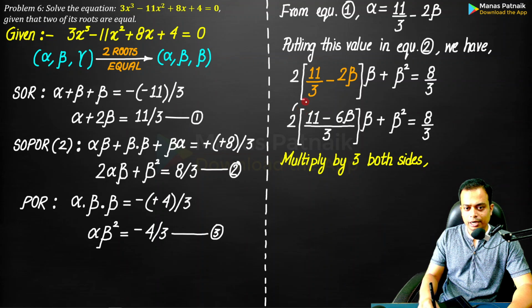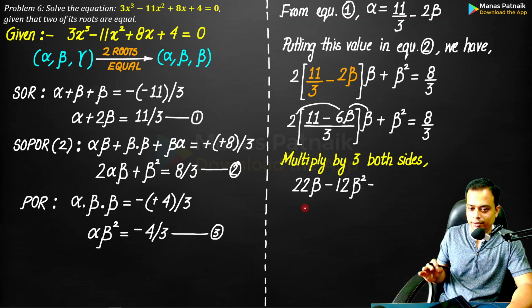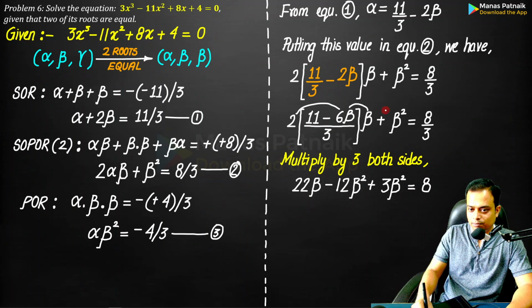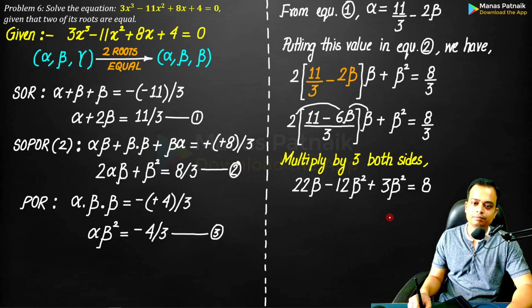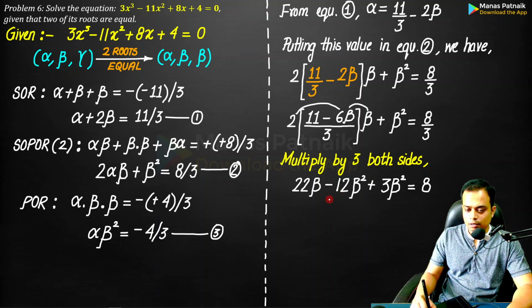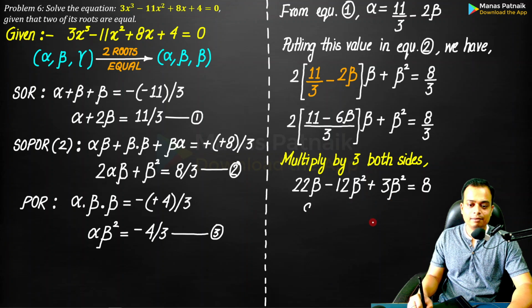And then 2 into 11 into beta will give you 22 beta. Then 2 into 6 into beta, beta is beta square, 6 2 is 12, 12 beta square. So let me simplify this. 22 beta minus 12 beta square plus 3 beta square is equal to 8. Done. Minus 12 beta square plus 3 beta square reduces to minus 9 beta square.